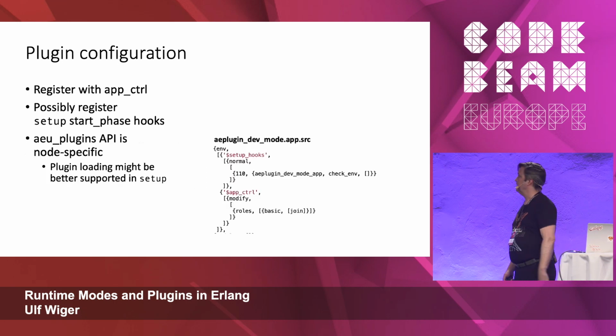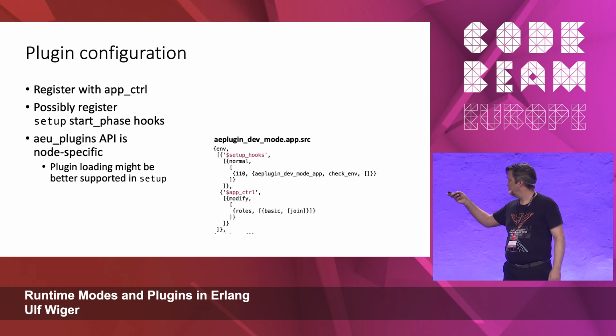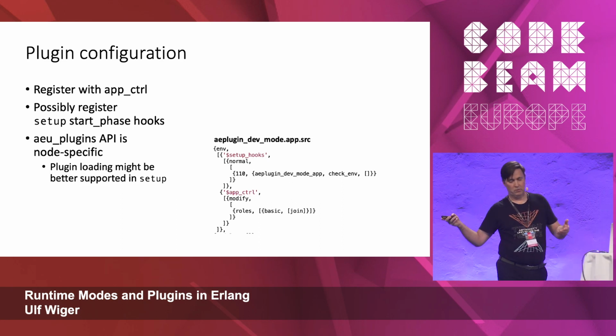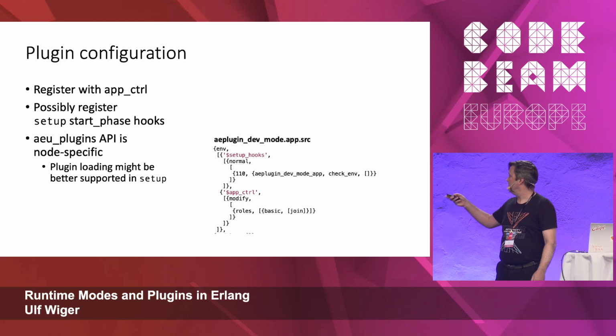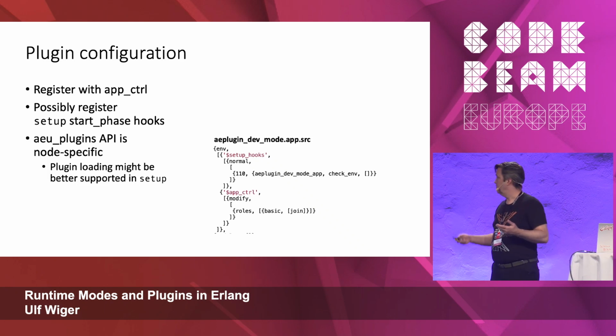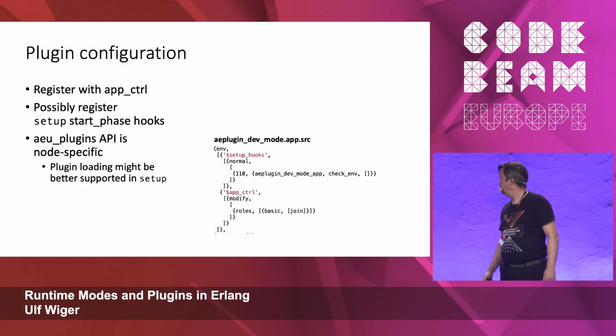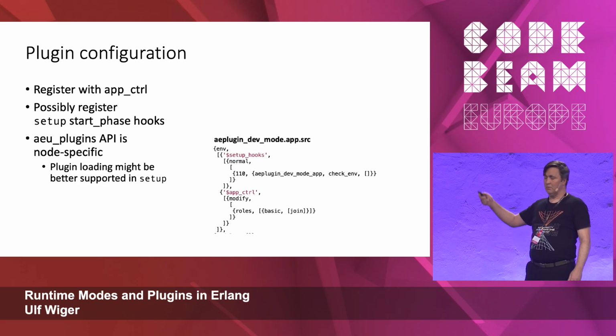So what you would do for a plugin is register with app control. Say the dev mode plugin actually adds itself to the basic role; it should add itself to the dev mode or dev role, but that will work too. Then it can also register setup hooks, like check environment, which is one thing that we do.